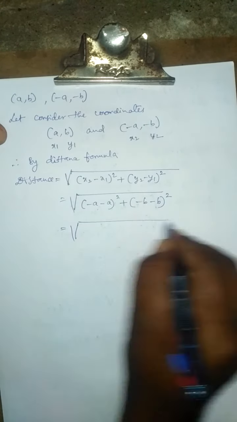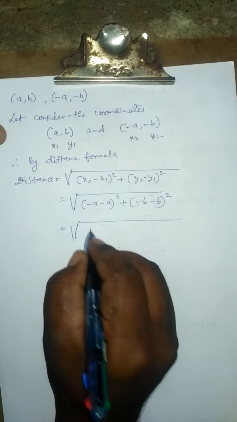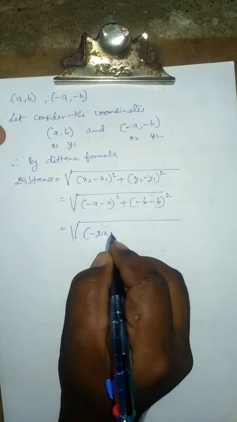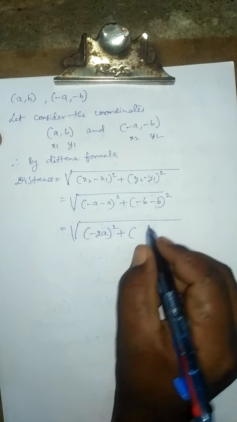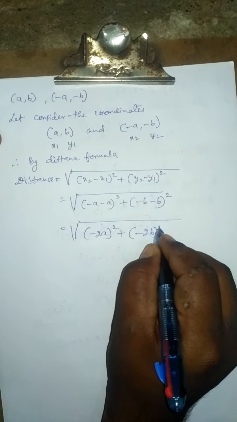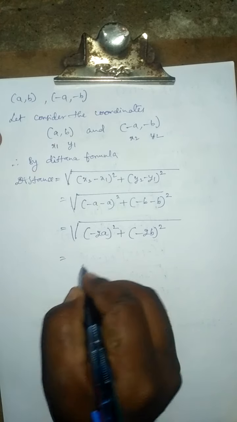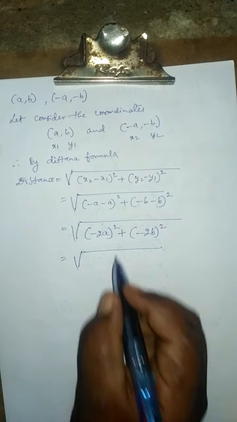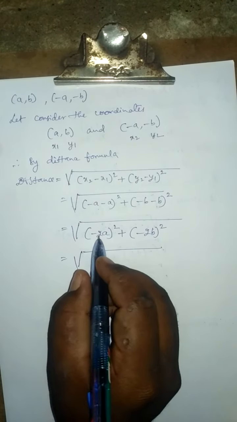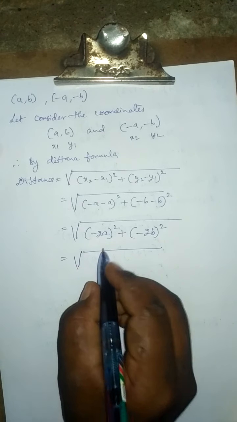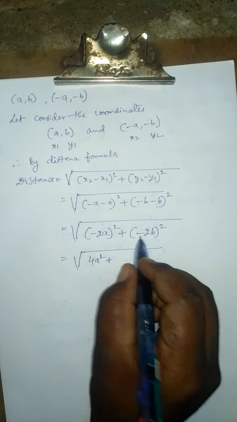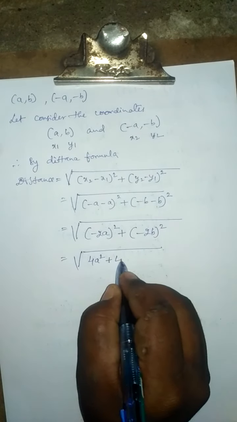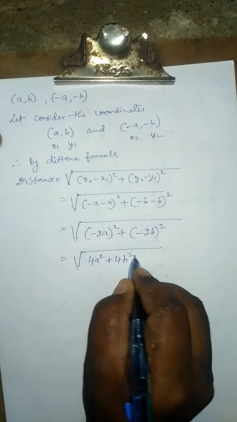Then under root, minus a minus a is minus 2a whole square, plus as it is, minus b minus b is minus 2b whole square. Already I said many times, a negative number square is positive. For that reason 2a into 2a is 4a square, plus 2 square is 4, b square is b square.